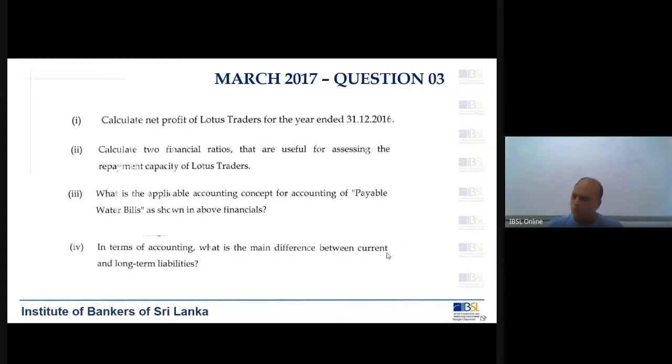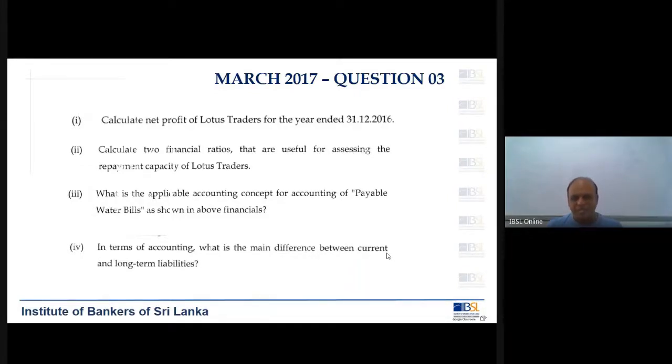We have told you that irrespective of whether you have paid or not, you have to account for them based on whether you have incurred it or not. Here water would have been consumed and they might not have paid the bills, but for accounting purposes you need to account for it on the basis of the accrual concept.